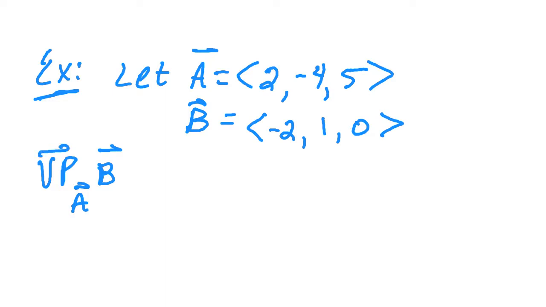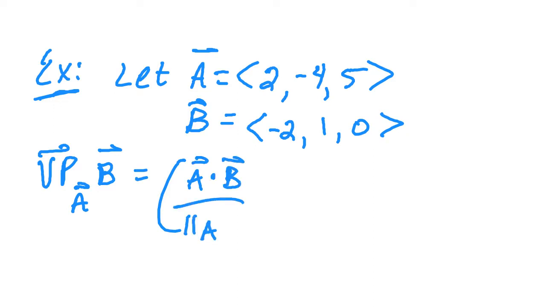Okay, so if I want the vector projection of B vector onto A vector, then what's that going to be? Well, let's just write the formula: A vector dot B vector over the norm of A vector squared times A vector. So it's the scalar number part, which is this, times A vector.